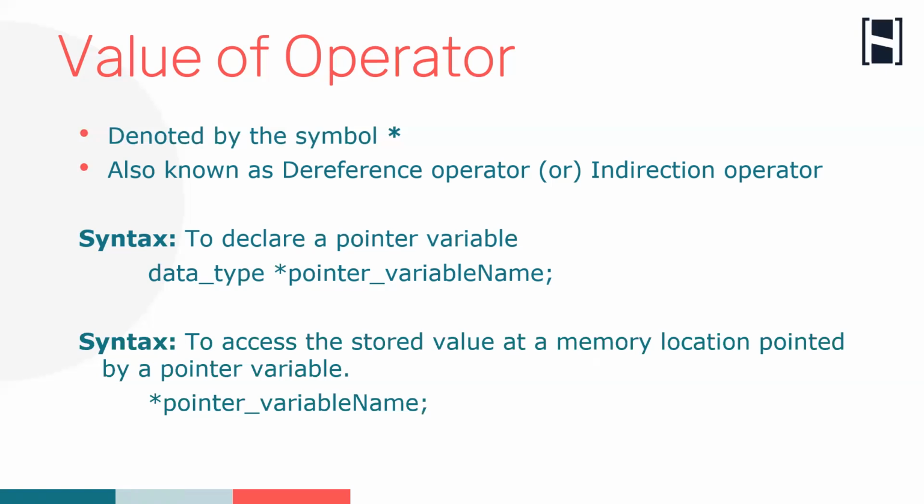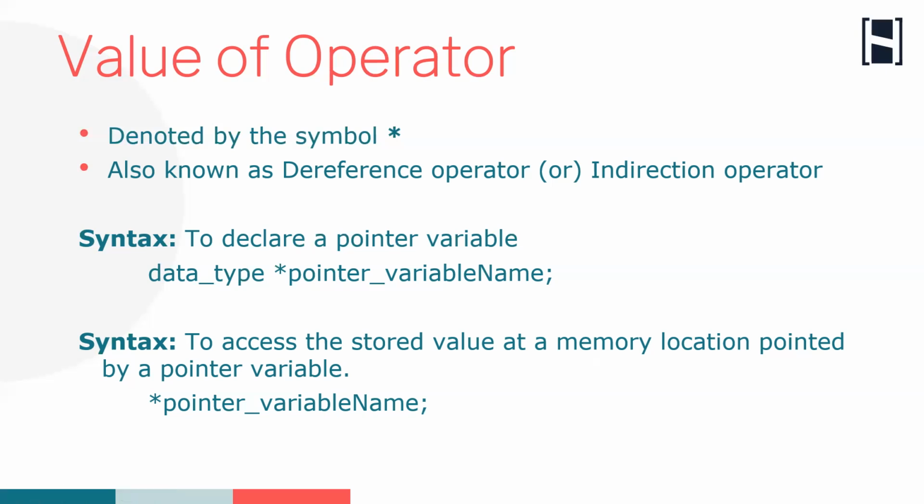The value of that variable can also be accessed with the help of the asterisk, the value of operator. The syntax is that we use the dereference operator, that is our asterisk, followed by the pointer variable name. We will understand this a little better when we deal with an example.